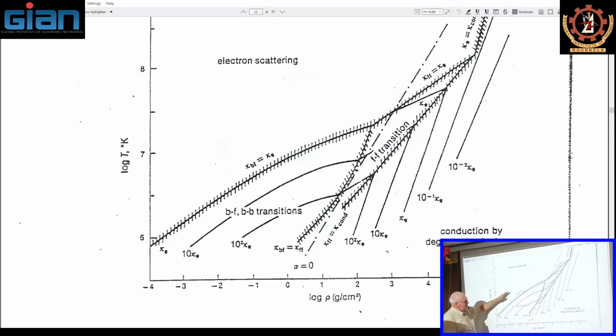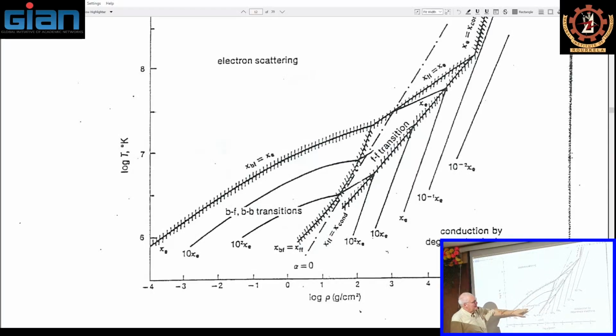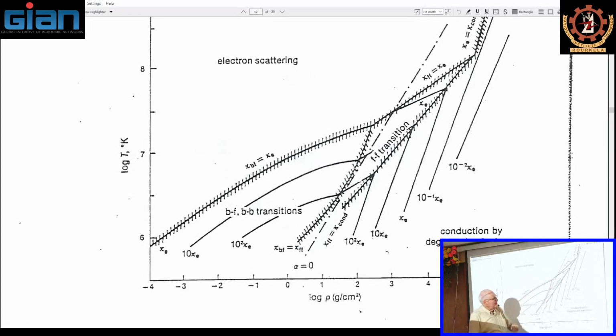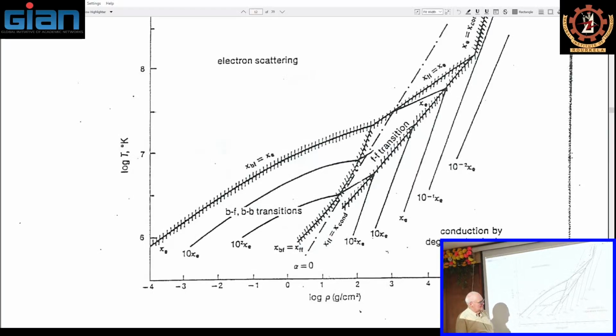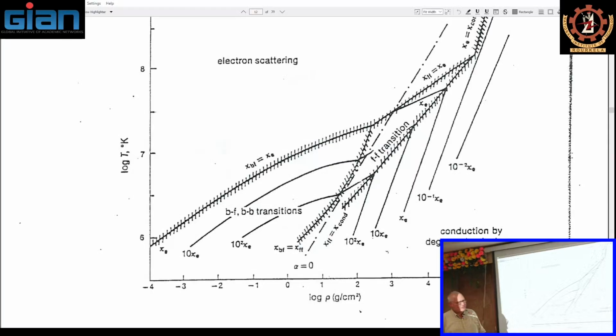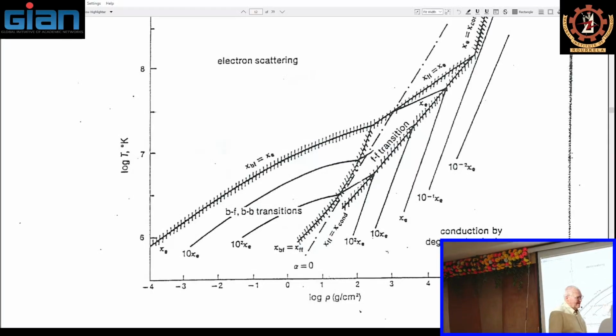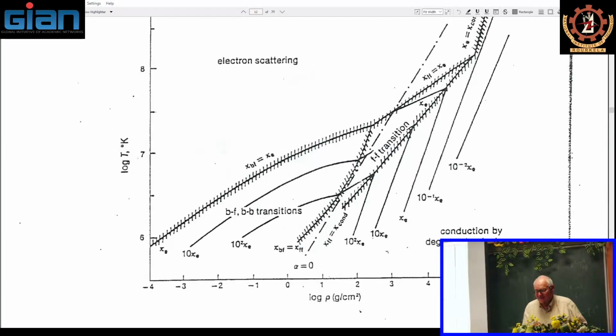Once we decrease temperature and increase pressure, then we have the photoionization processes, bound-free and bound-bound transitions. There is a small range where we have free-free transitions, and at very low temperatures and high densities we have conduction by degenerate electrons. So for a wide range of parameters, electron scattering and the bound-free and bound-bound transitions are the important sources of opacity. Let me show the next diagram.